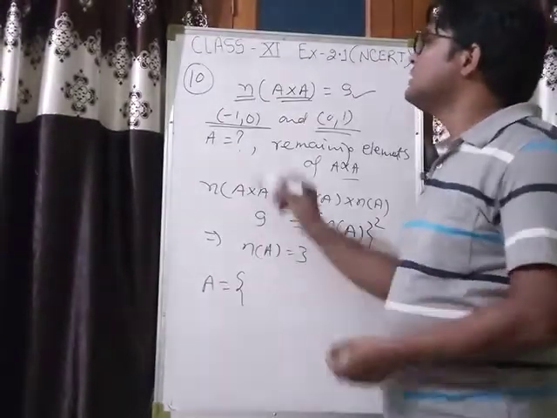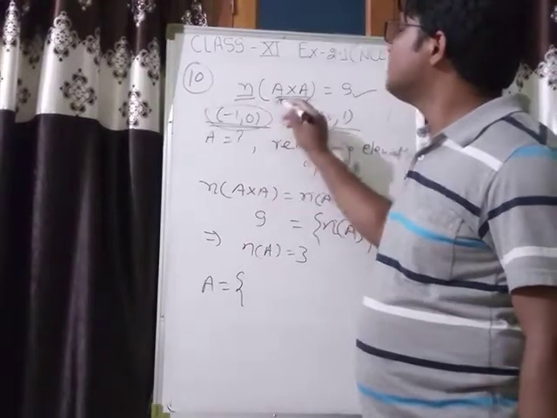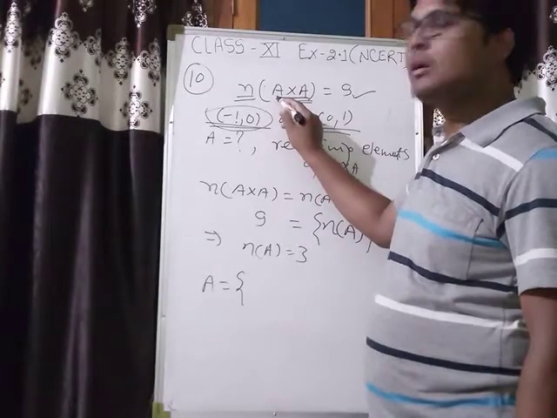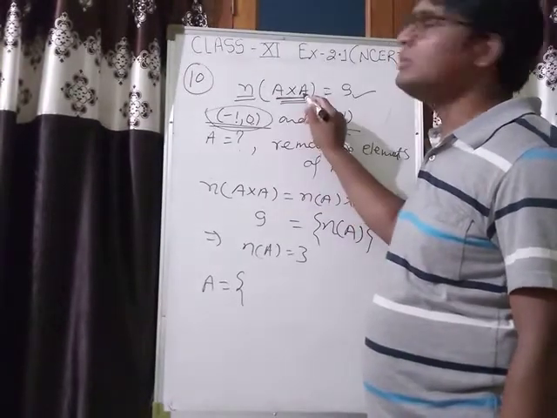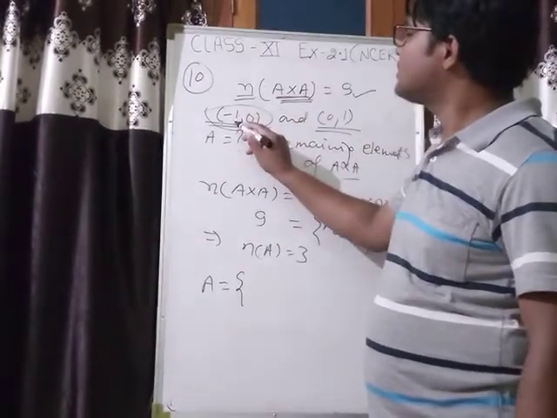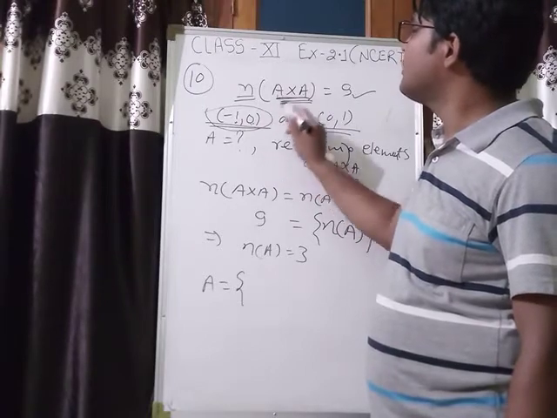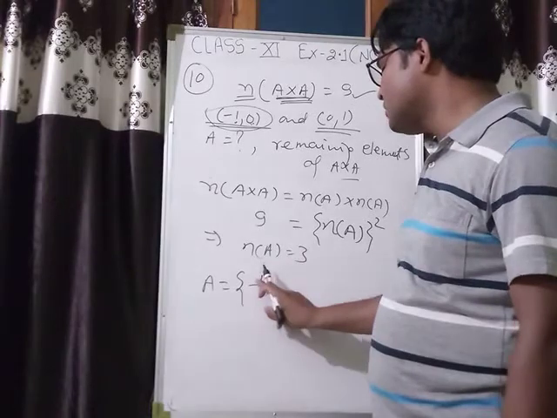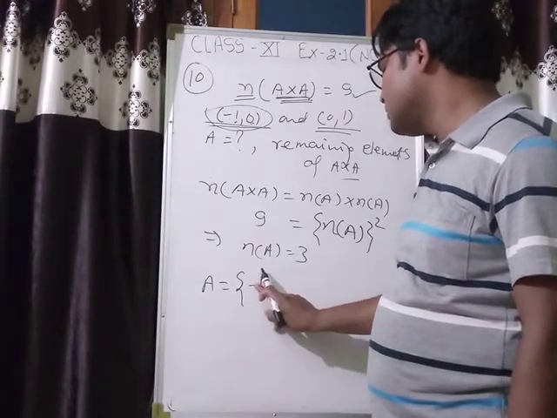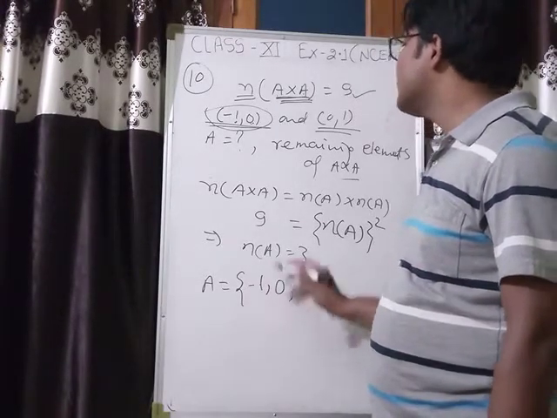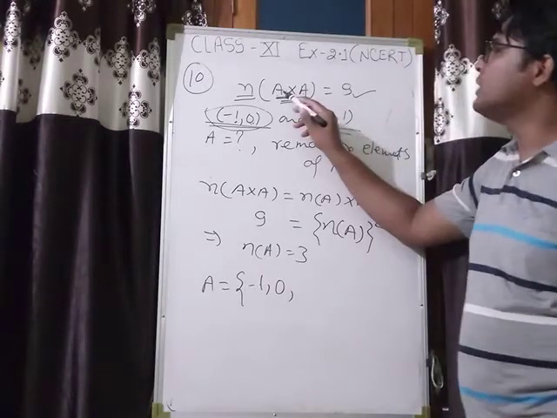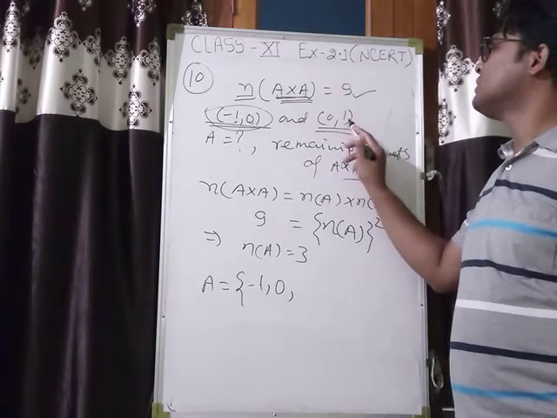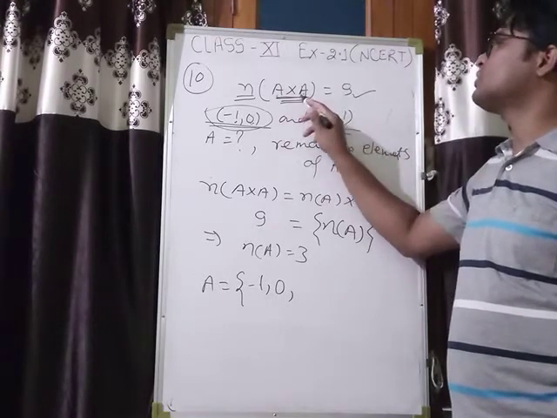See, this ordered pair belongs to A cross A. Clearly its first element belongs to A, and the second element also belongs to A. So -1 belongs to A, and 0 also belongs to A. In the second ordered pair, the first element belongs to the first set, and the second element belongs to the second set.